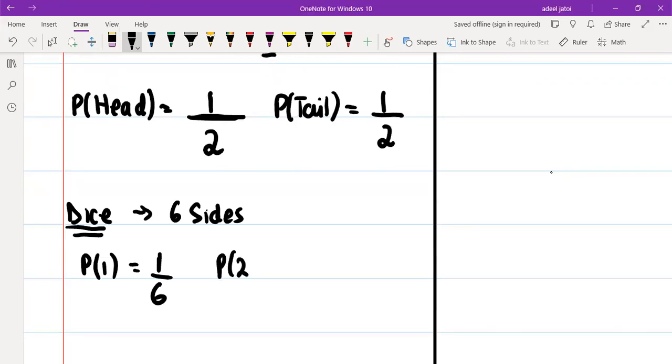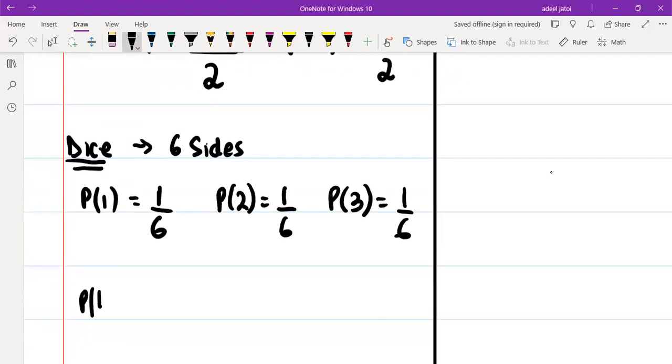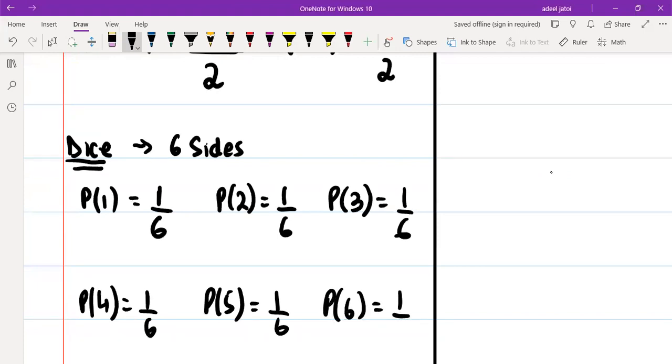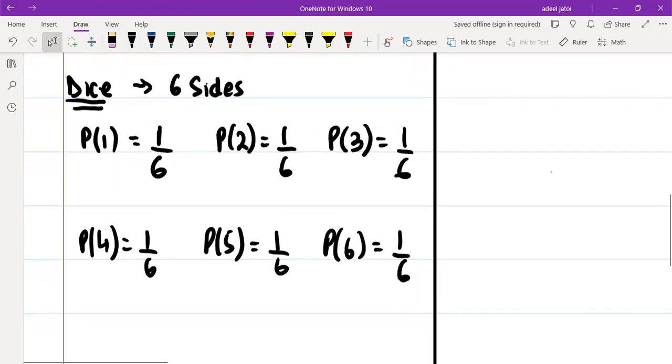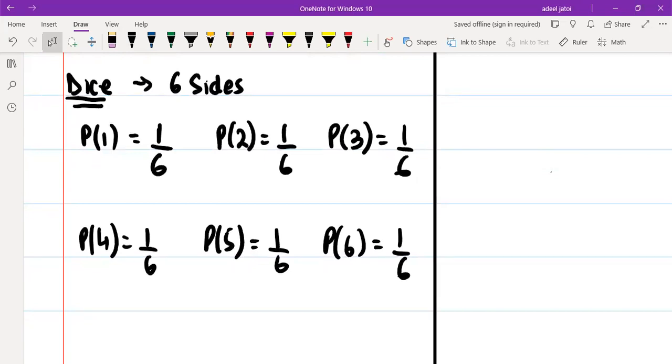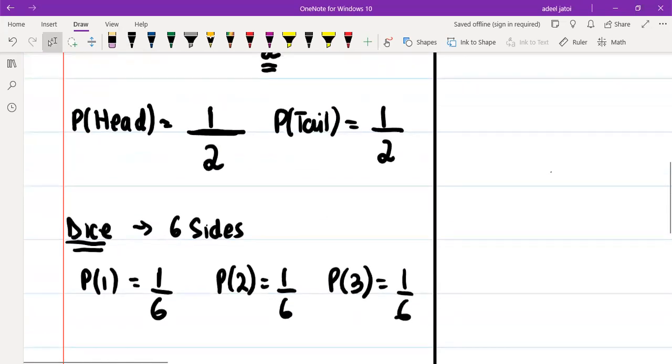Similarly, the probability of 2 will be 1 upon 6 as well. Probability of 3 will be 1 upon 6, probability of 4 will be 1 upon 6, probability of 5 will be 1 upon 6, probability of 6 will be 1 upon 6, because each number represents only one side out of 6 sides.